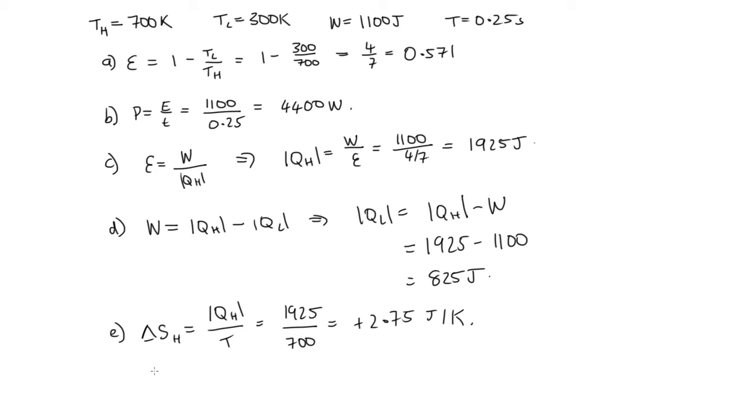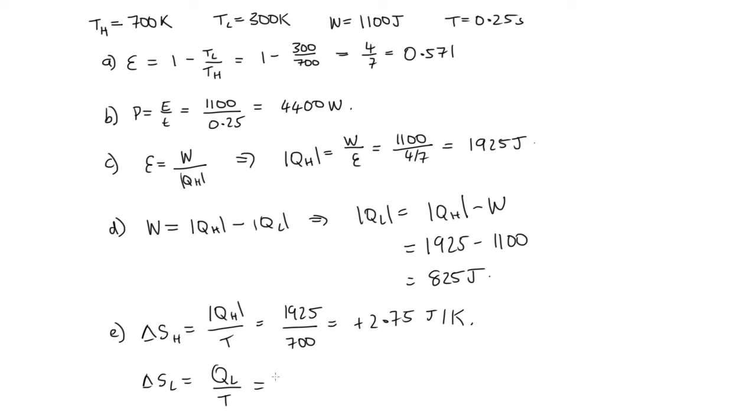Okay, the question then goes on and asks us what's the change in entropy as it transfers heat back to the cold reservoir. So there's a couple of ways we could do this. We know that round the cycle, the total change is 0, so it should just be minus 2.75. But we can also do it as QL on T just to check our working and that our other answers make sense.